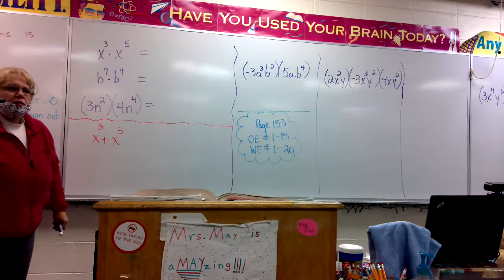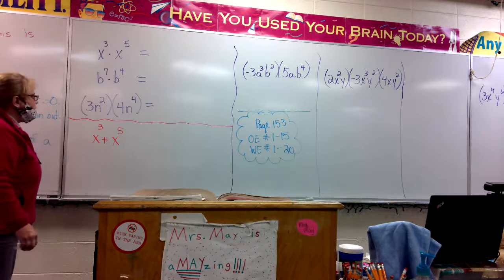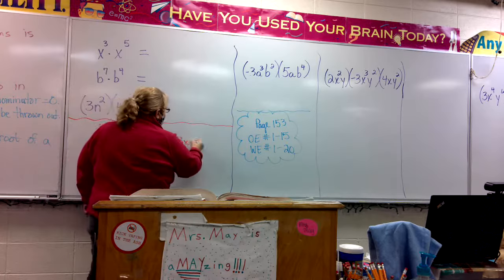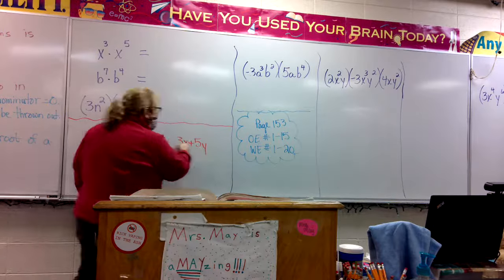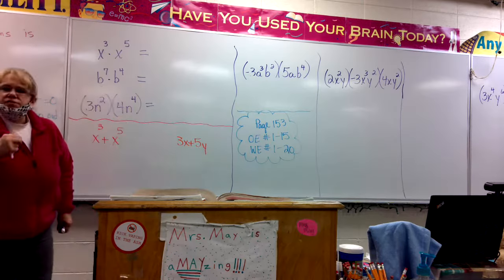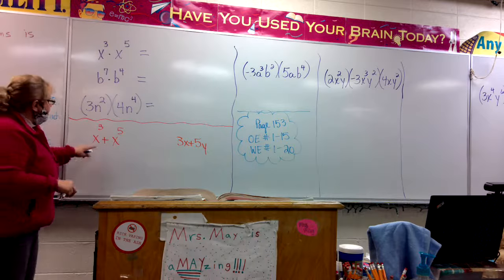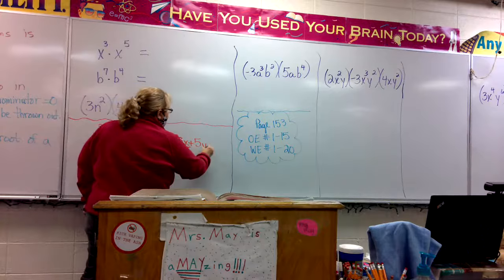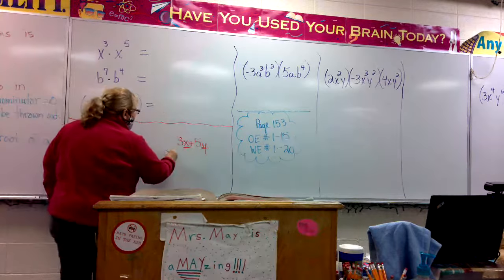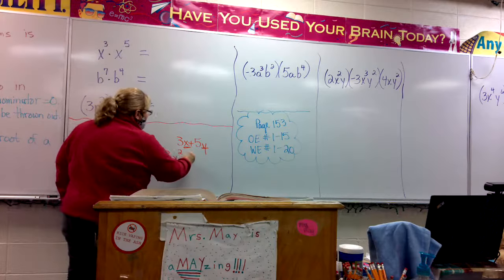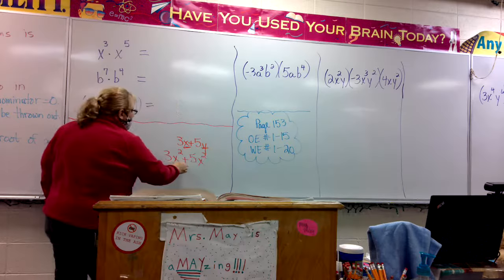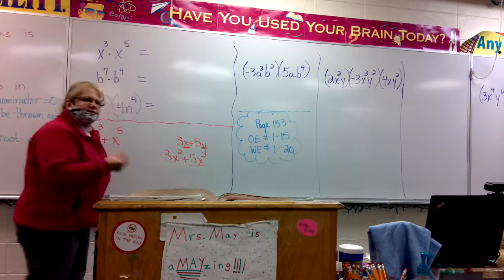Say no. They're not like terms. Just like if I asked you to add 3x and 5y, those are not like terms. Not only do they have to be the same letters, but they also have to be the same exponents. I can only add x squareds with other x squareds.